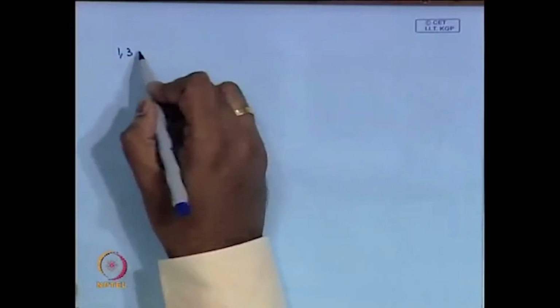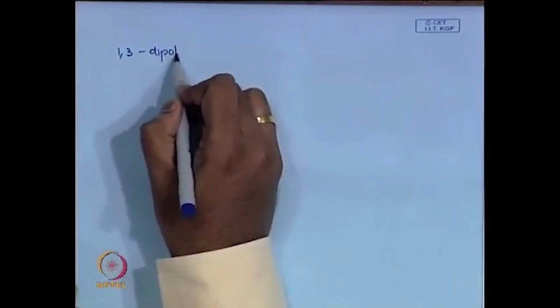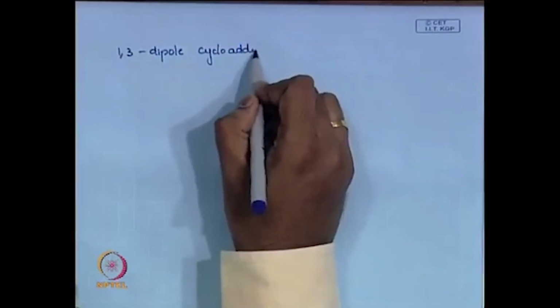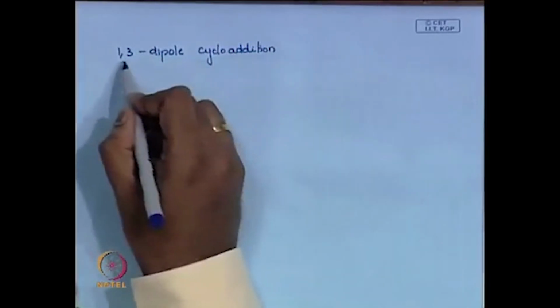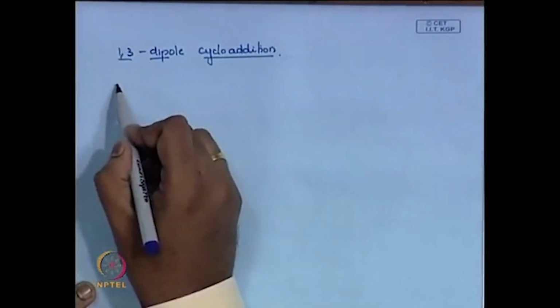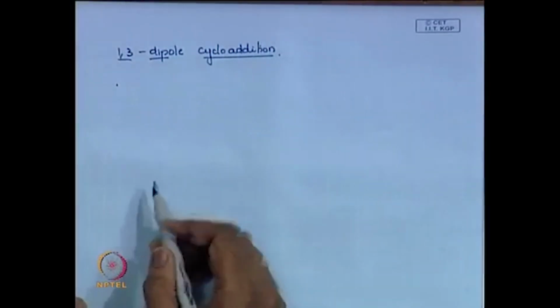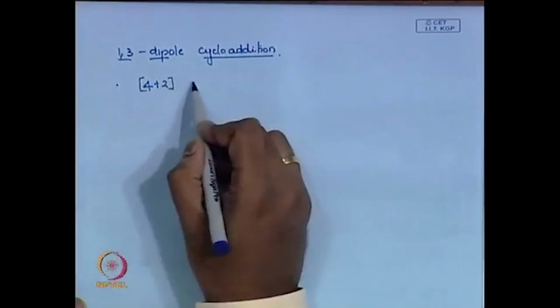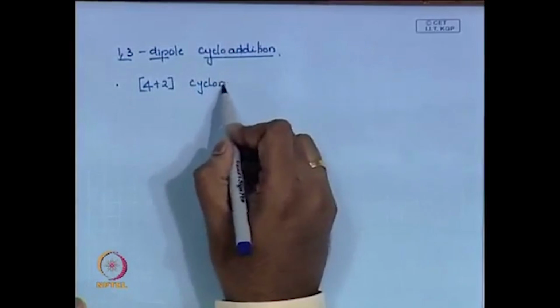So, to summarize your 1,3-dipolar cycloaddition. First thing you can say is that this is a proper 4+2 cycloaddition reaction.